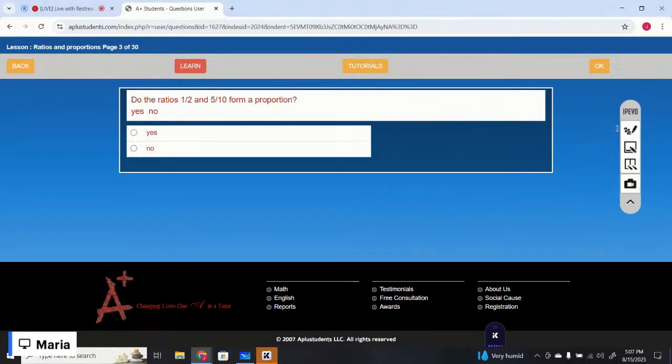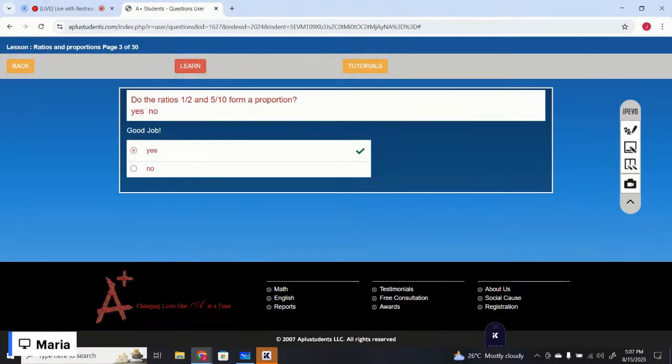Do the ratios 1 by 2 and 5 by 10 form a proportion? So yes, they do form a proportion. If you multiply the fraction by 5, both the fractions are exactly equal. The correct option is yes, they do form a proportion.